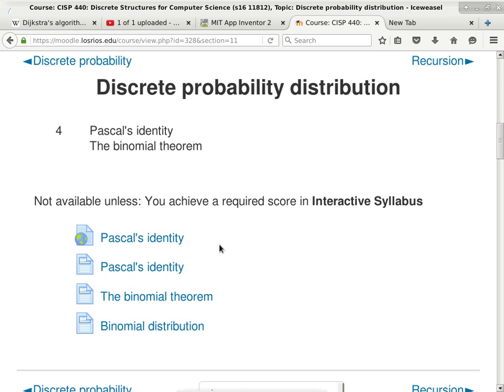The first term is n choose 0 times x to the power of 0. The next term is n choose 1 times x to the power of 1, plus n choose 2 times x to the power of 2, and so on. Is that okay so far?